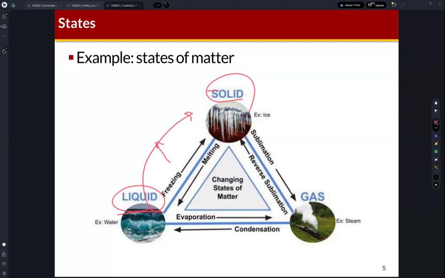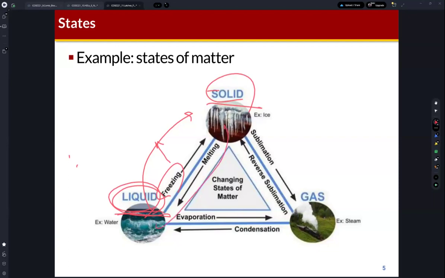This is the output of this material, the solid state. This solid state is determined by the current state, the liquid, and some input. The reduction of heat energy is freezing.